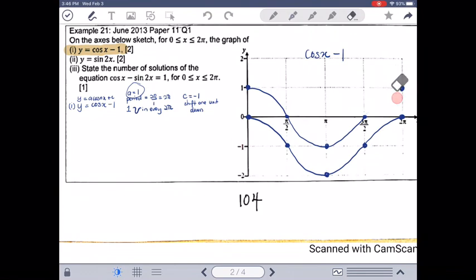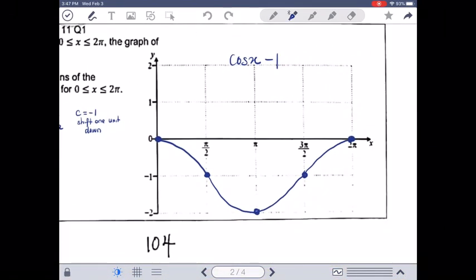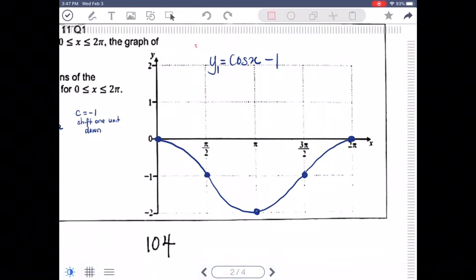We can erase the old graph. And since we are going to sketch two graphs in the same picture, I will label the first graph as y1.